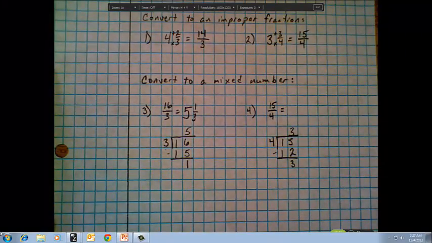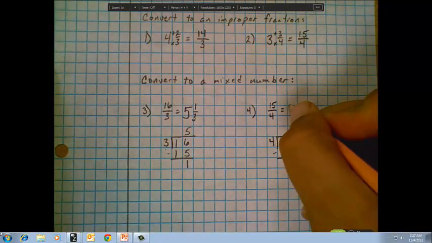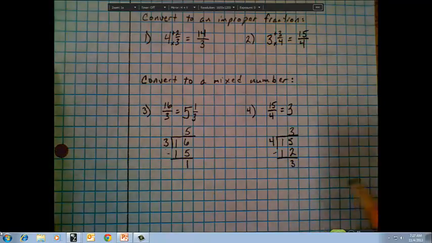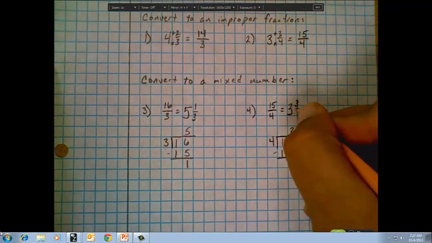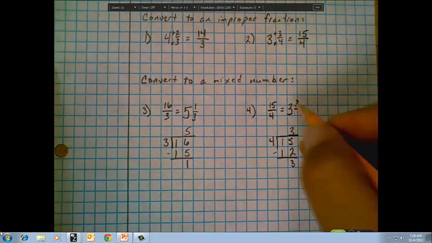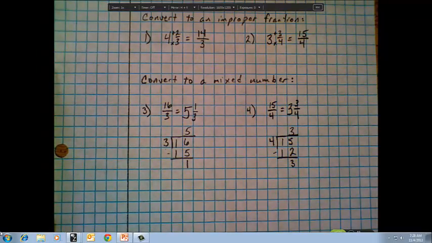So we have the 3 parts of our answer. The 3 on top of the house is going to be the whole number part of our answer. The 3 that's our remainder is going to be the numerator in our answer. And the 4 that's our divisor is going to be the denominator in our answer. So 15 fourths has the same value as 3 3/4, represents the same amount.